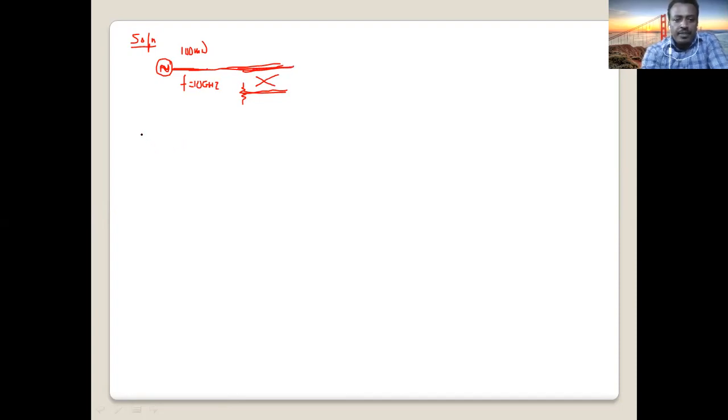So the first device, the microwave oscillator, generates a signal with power 100 milliwatt and a frequency of how much? 10 gigahertz. That's our oscillator, our first device. The next device is the directional coupler.